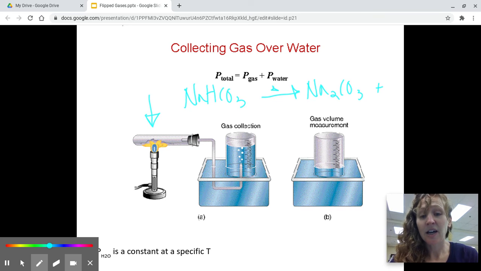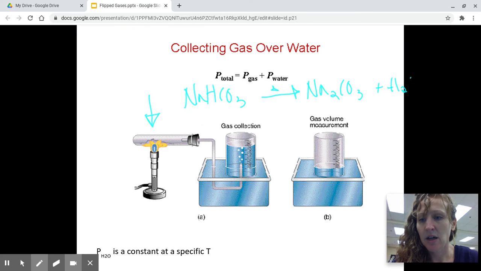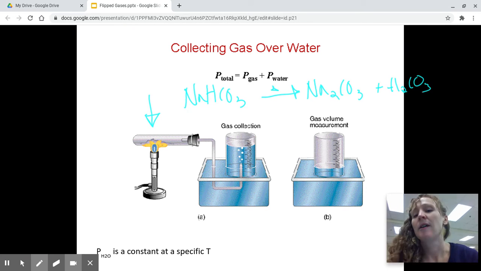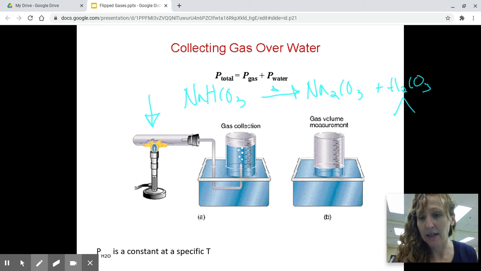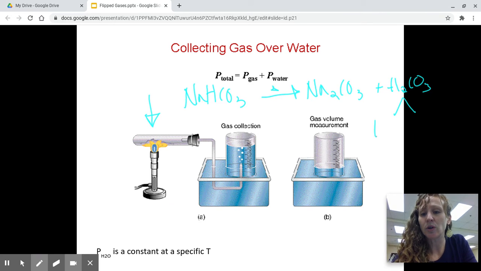But it's not evident that you have gas right away, because the thing that forms first is carbonic acid. And so this thing decomposes into two things. It decomposes into sodium carbonate and carbonic acid. But the special thing about this reaction is the carbonic acid actually self-decomposes then. It's not a super stable compound. It falls apart into water and carbon dioxide.